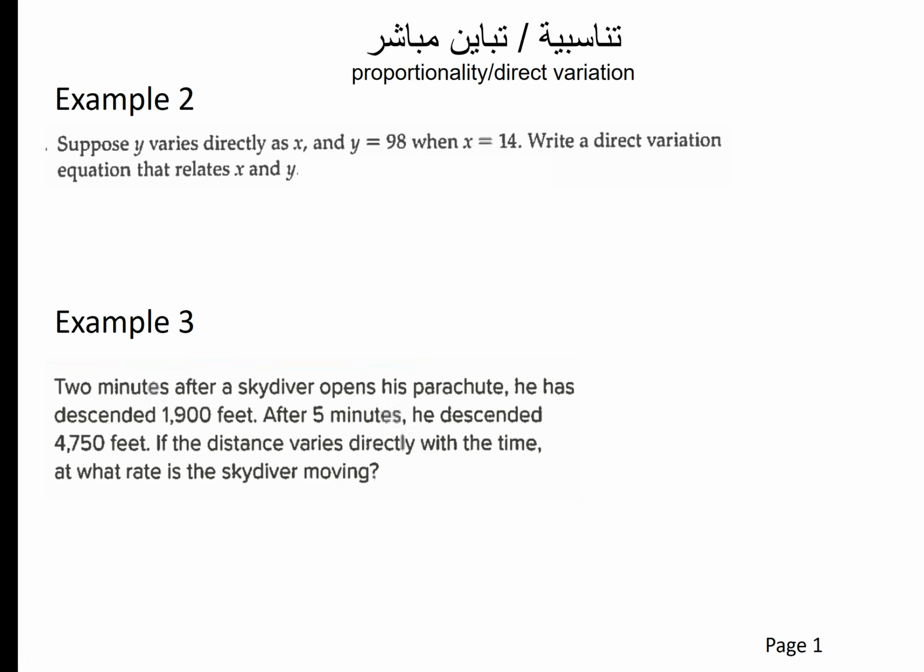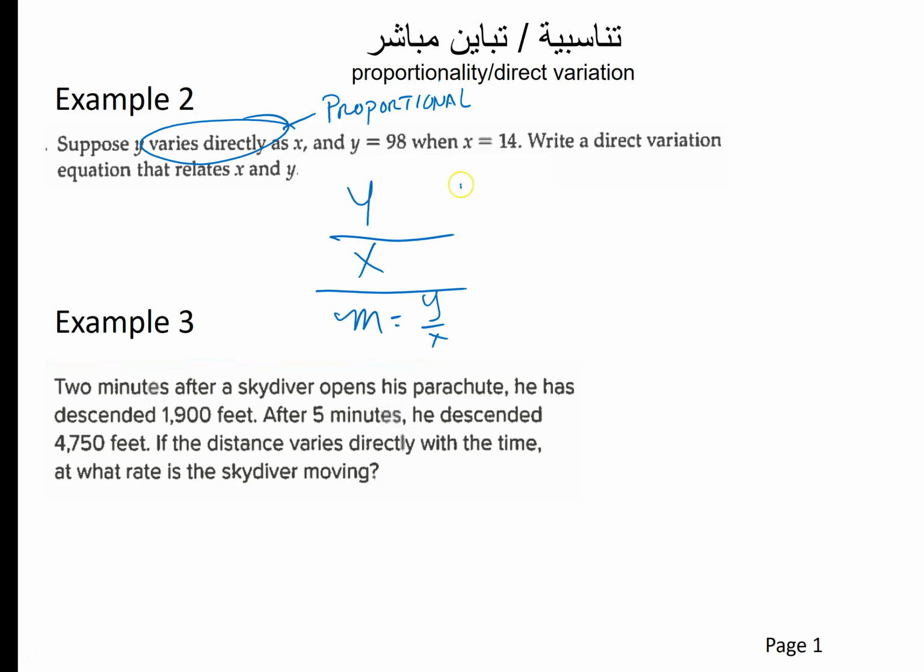Let's try another one. It says, suppose y varies directly as x. So whenever it tells you that, you know it has to be proportional. So we have our y, we have our x, and our slope is y divided by x. Well, it says our y is 98, and our x is 14.